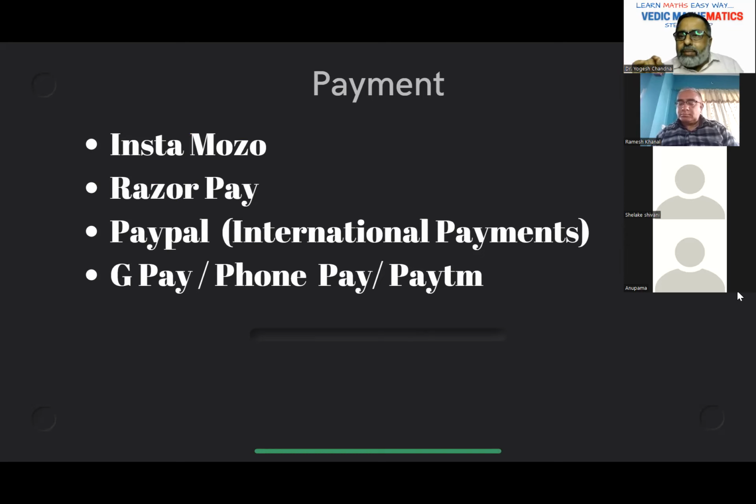That is a unique, email-kind of ID for every bank account, so transactions would be easy. I don't know if it has been implemented or is still to be implemented, but they have accepted. That is the news, right? So any questions on payment, how to collect or how to link?